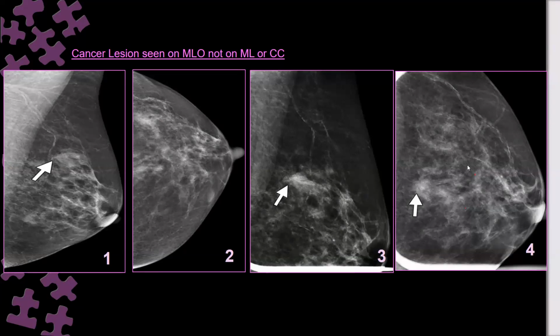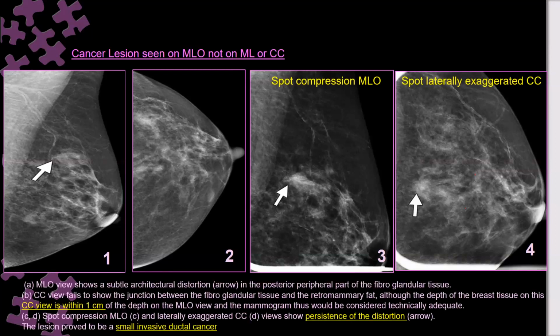That is why they went to extended lateral view and demonstrated this suspicious, spiculated high density mass. This is spot compression, spot lateral exaggerated CC, and it was a small invasive cancer.